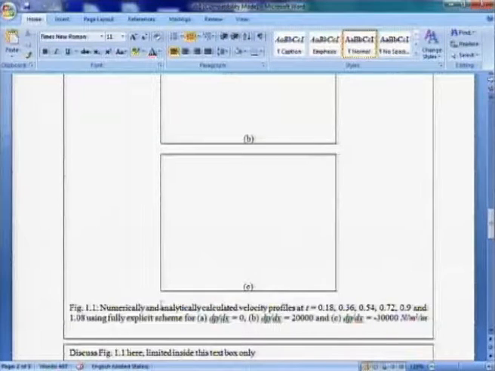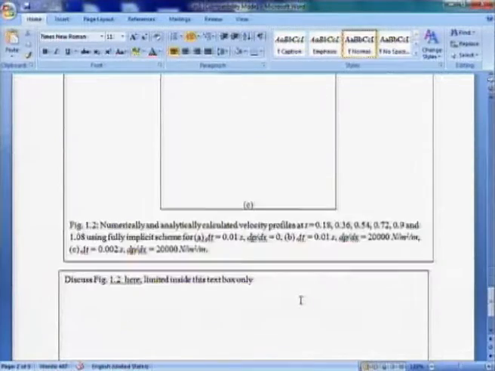Okay, so you can see figure 1.1, where what has been asked is numerically and analytically calculated velocity profiles at these various times using the fully explicit scheme for A equal to dp/dx of 0, B dp/dx of 20,000 plus, and C for minus 30,000, and similarly for 1.2 for the implicit.